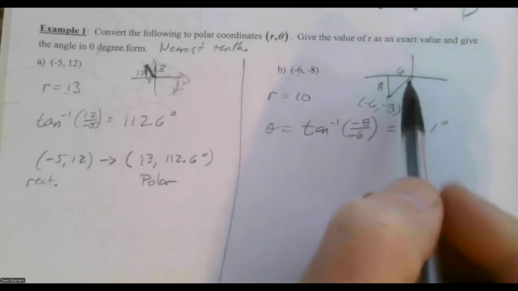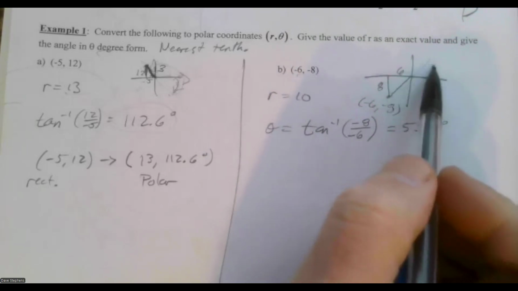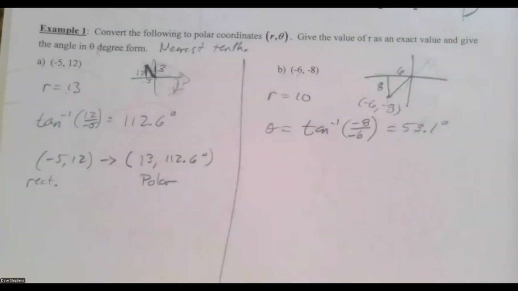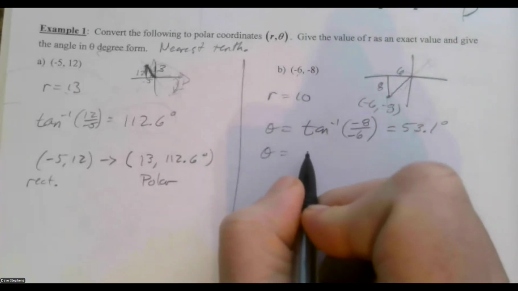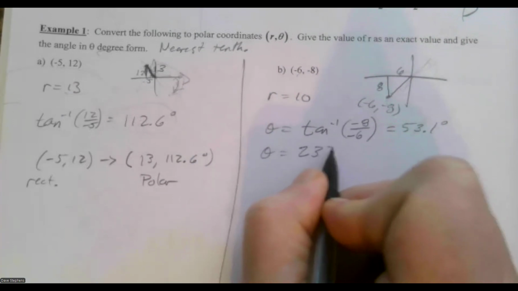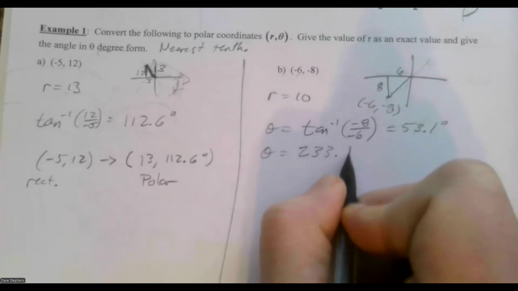That's not what we wanted, right? 53.1 would have put us somewhere over here in the first quadrant. So in order to get there, we have to add 180. And then we're left with theta equals 233.1 degrees.